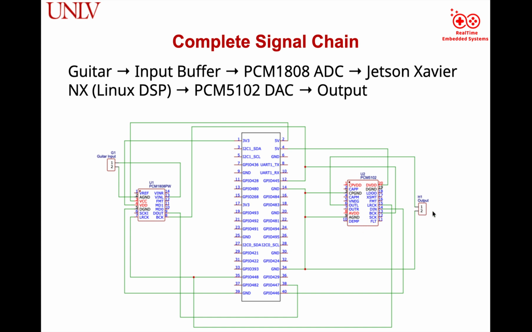The PCM5102 is the module, and it also has a built-in earphone amplifier, so you can put your headphones on it, and you don't need an external amplifier if you want to use it in-house, or to monitor the sound yourself, or if you're playing guitar by yourself without interrupting other people.